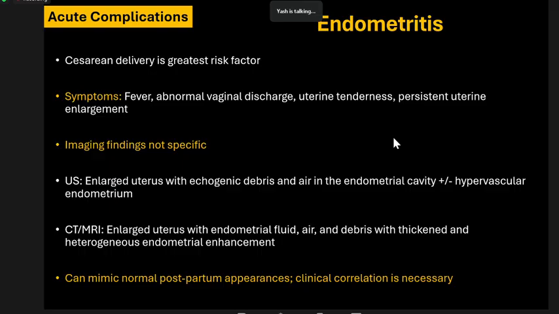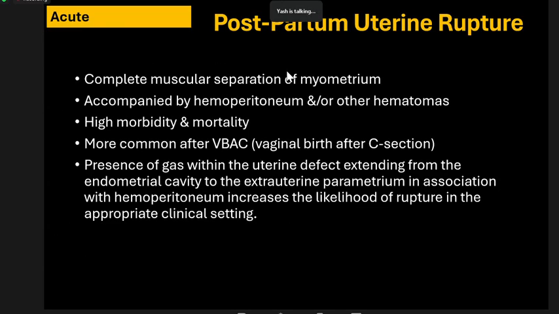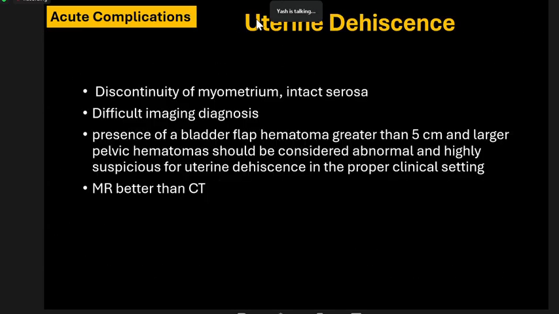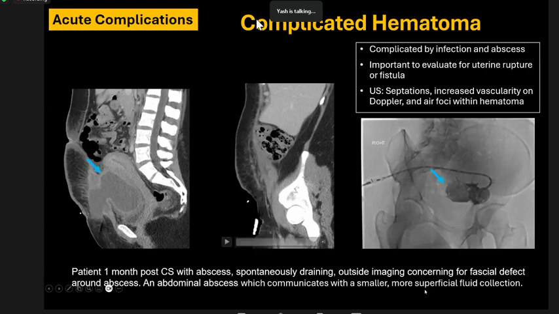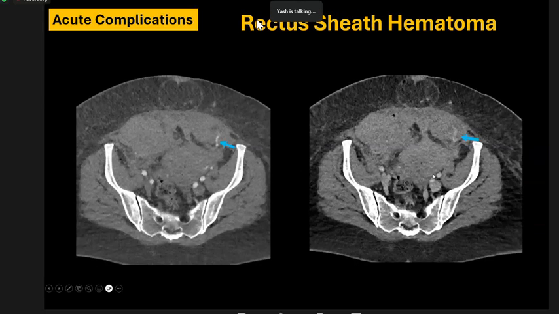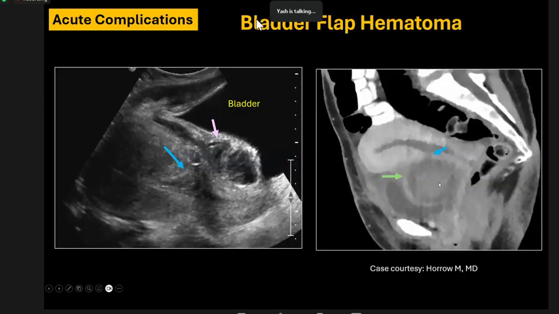But again, the reason imaging is done is that the patient presented to the provider and they have seen there is fever, there is tachycardia, and all those signs. So all these have to always be integrated. This is what I was trying to show you. In this example, we saw a bladder flap hematoma which was heterogeneously hyperdense, because blood will be hyperdense here.